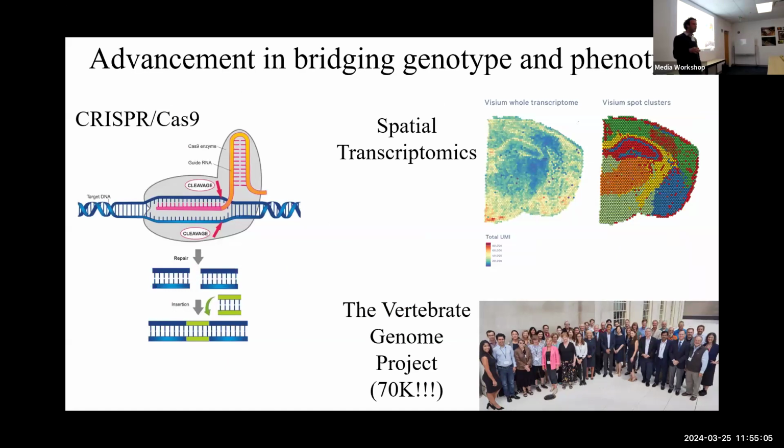And from a molecular perspective, we are doing spectacularly because we have the Vertebrate Genomes Project, one genome sequenced for every single vertebrate alive today. Spatial transcriptomics is bridging gene expression with morphology. And CRISPR-Cas is the experimental approach of tweaking the genome to understand how a different genome can bring different phenotypes.